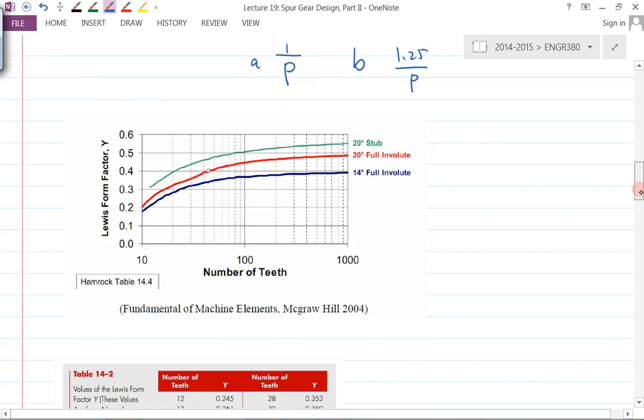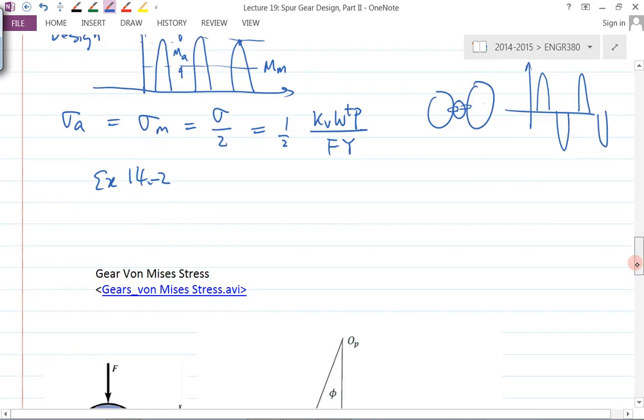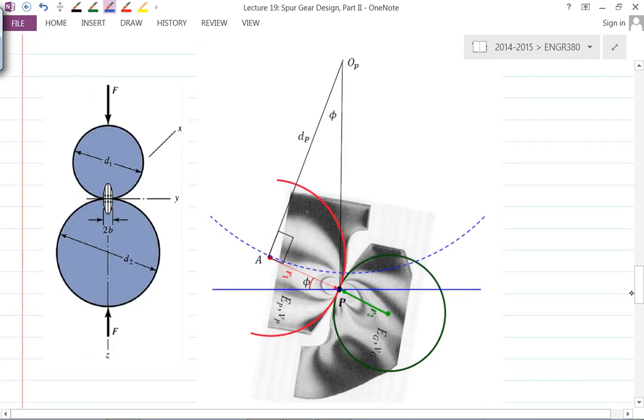But that's only for the bending normal stress, right? As the video shows you, you do have another stress, which is the contact stress. So let's look at a simplified version of contact stress, and then we'll look at the AGMA equations, which are modified ones based on the simplified version.